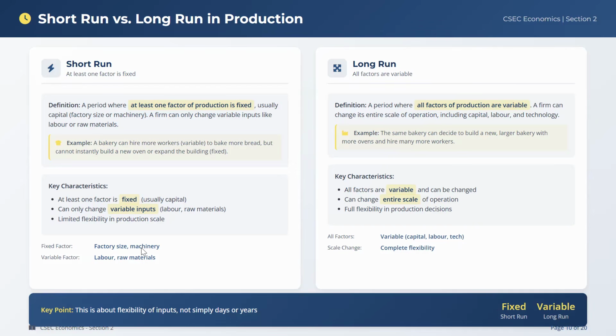The actual amount of time would vary based on the economy. Everybody good? Yes, sir. All right.